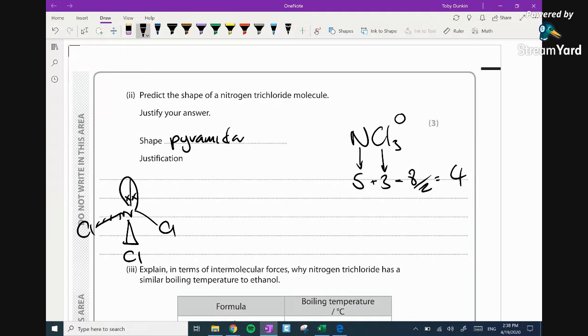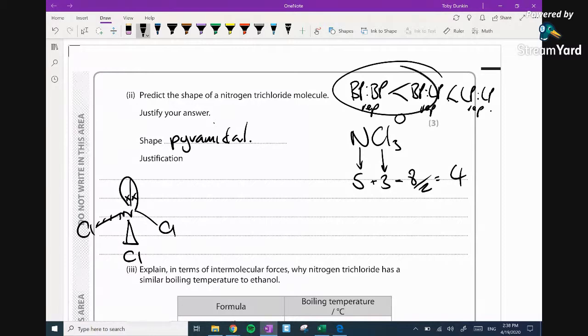So the shape is pyramidal. And they're going to ask you to justify it, and you've got to go, right, so we know this trick, which is bonding pair repulsion is less than bonding pair lone pair repulsion, which is less than lone pair repulsion. But we stop here, because there aren't 2 lone pairs, there's only 1.